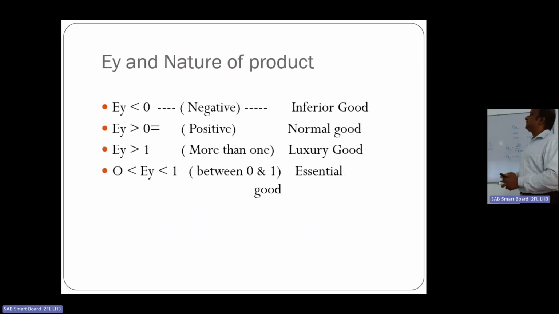For an example, if the income elasticity of demand is less than 0, that means negative, and it is an inferior good. It should be negative, less than 0.